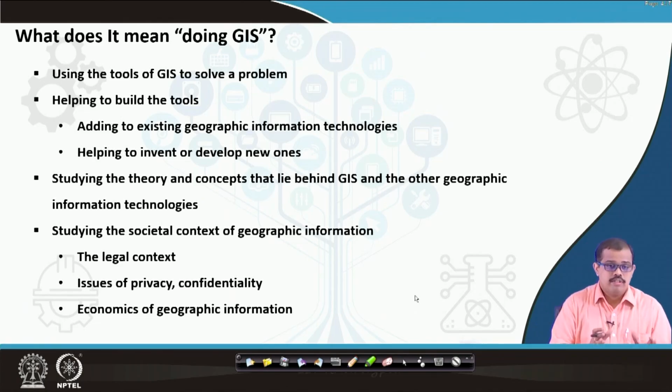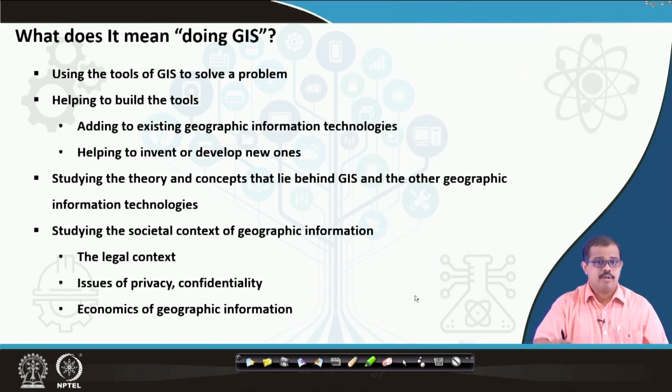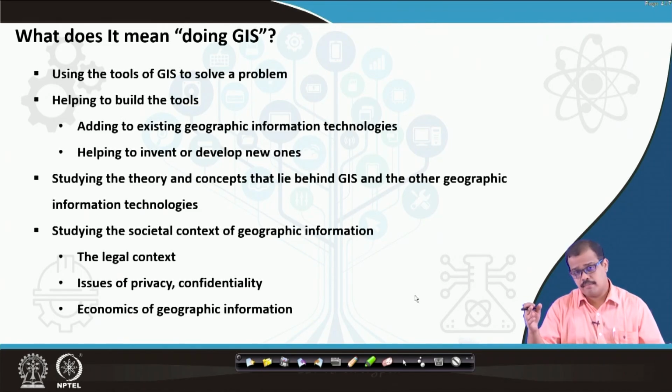Building a tool may be in terms of combining existing geographic information technologies. You may need 2 or 3 technologies together in order to develop a tool. That means you are building a tool. It may also be helping to invent or develop new ones, out of current research issues that you may have come across.